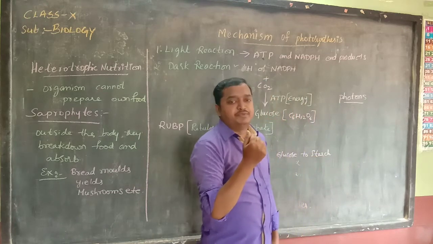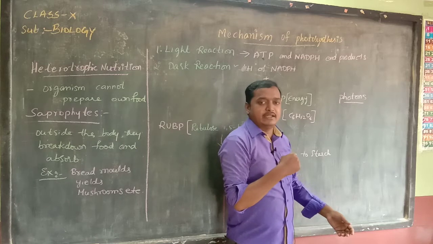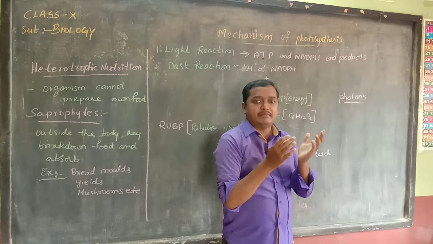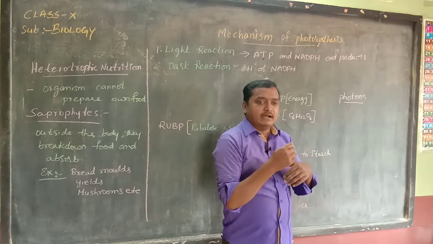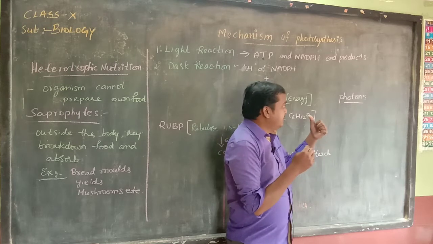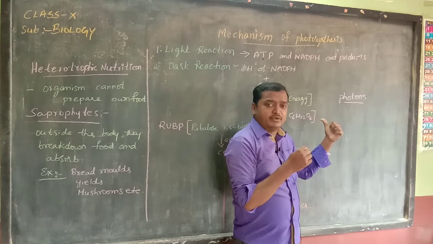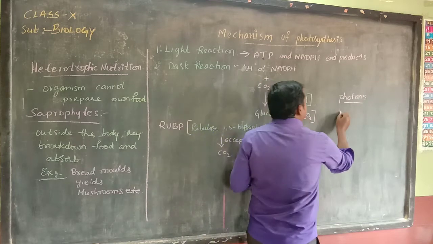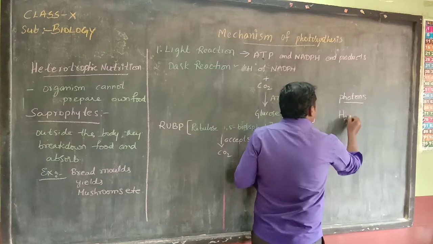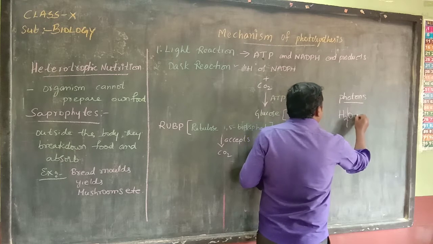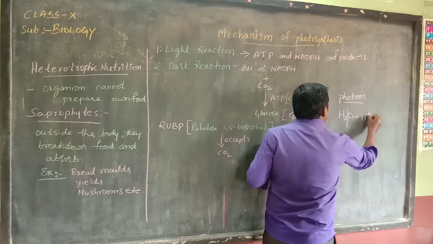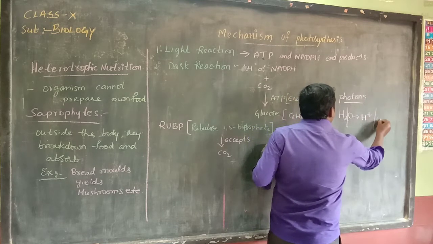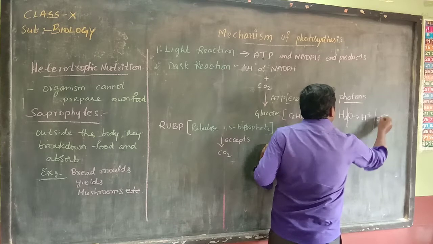By absorbing that energy, chlorophyll becomes activated, and the energy in the photons is used to break the water molecule into H plus and OH minus.